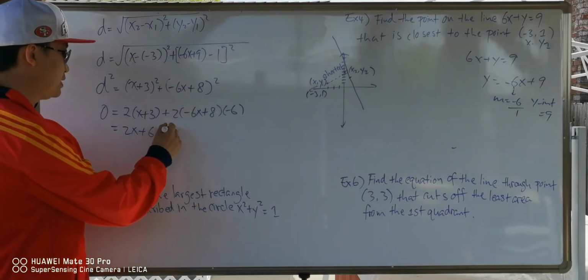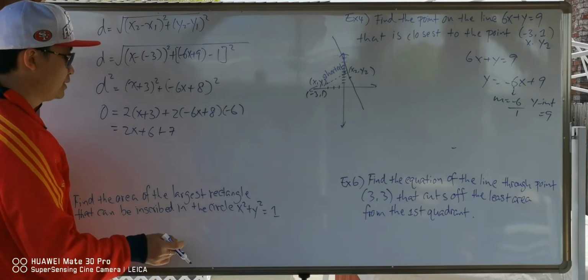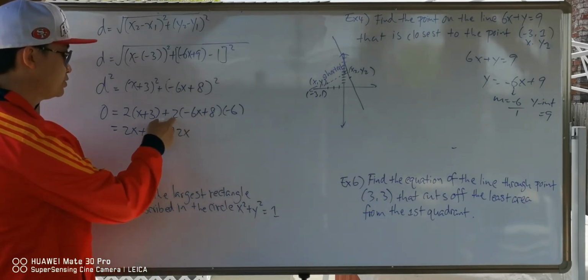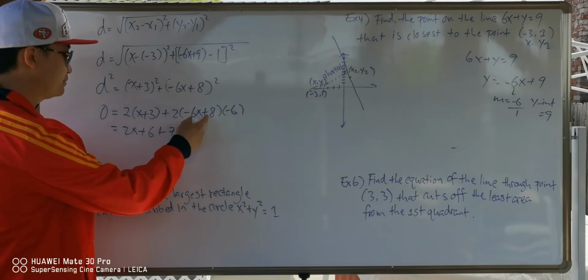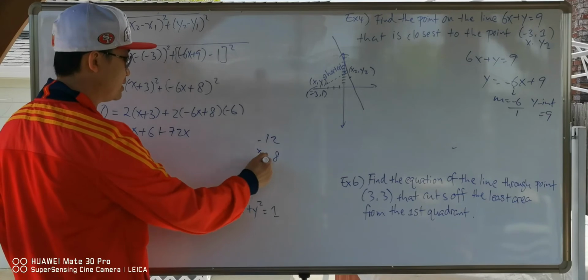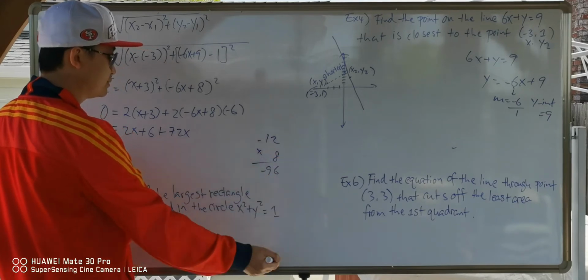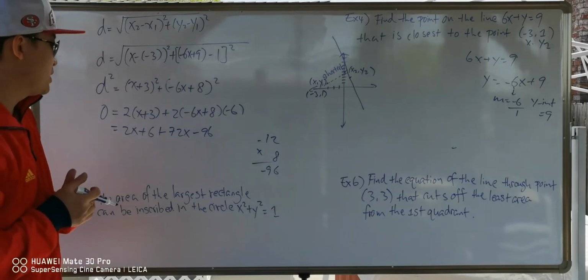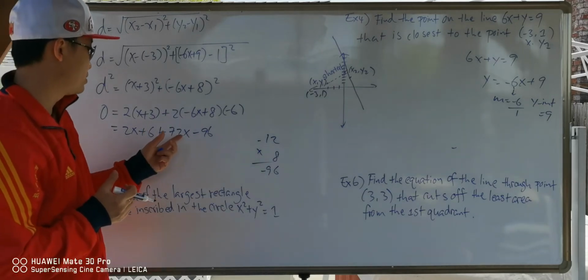So then that would be positive 72x. And then negative 6 times 2, negative 12 times 8, then that'll be negative 96. So you're going to be careful with the way that you distribute with the arithmetic.